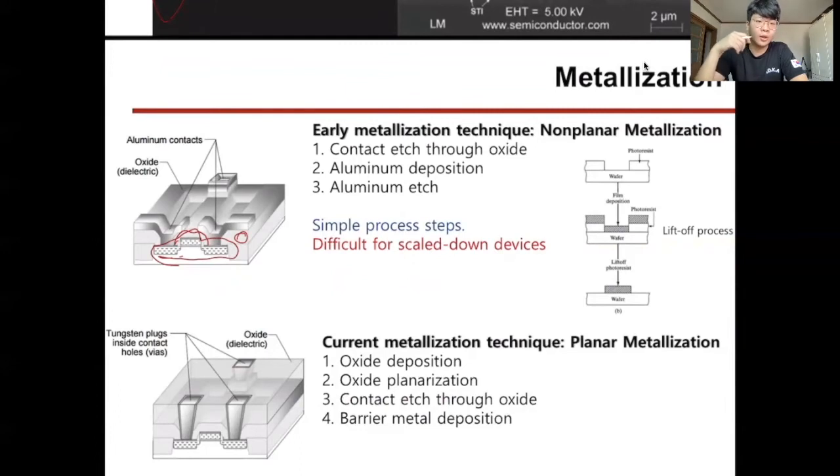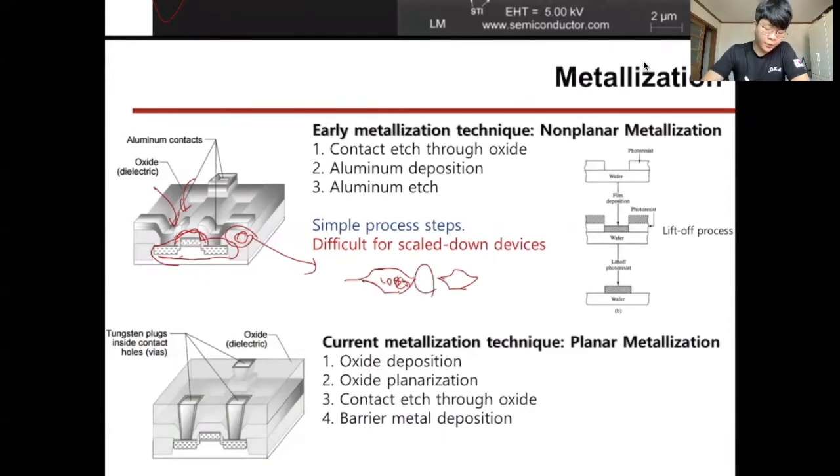Using those two layers, nitride and the LOCOS, as a hard mask, we then deposit metals like aluminum. So this way is similar to the oxidation. There could be a bird's beak on the LOCOS. So there is a metal, a LOCOS, and another LOCOS, so the effective area for the transistors is here.